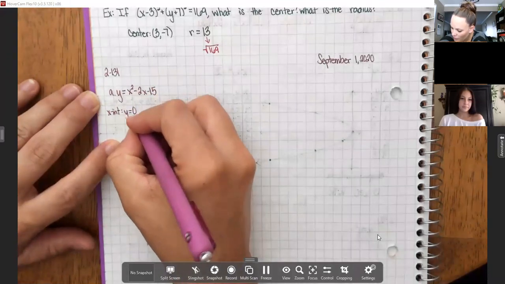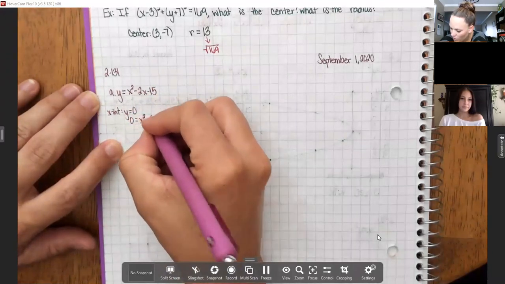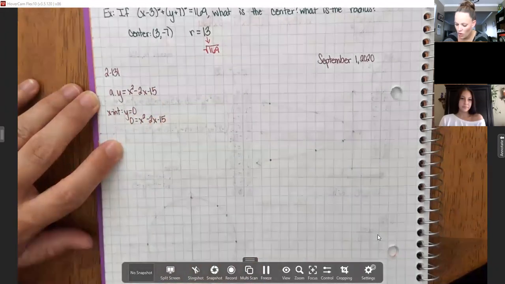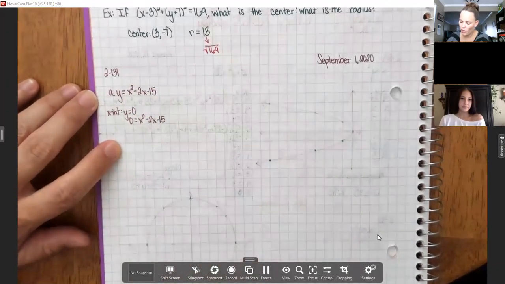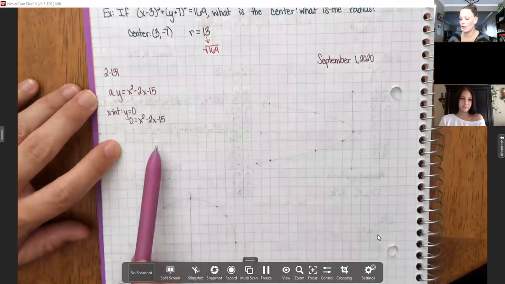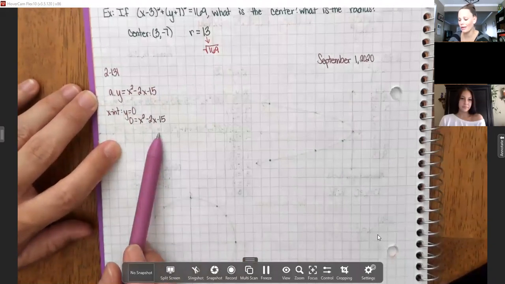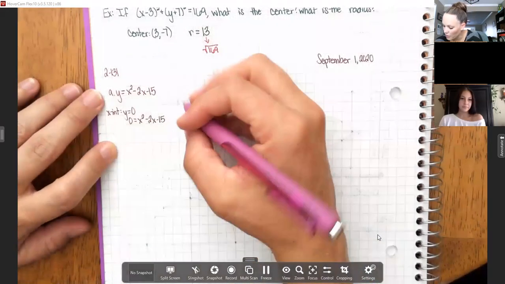So we have 0 equals x squared minus 2x minus 15. We can factor, or we can use completing the square or the quadratic formula. I'm going to go ahead and factor this one.